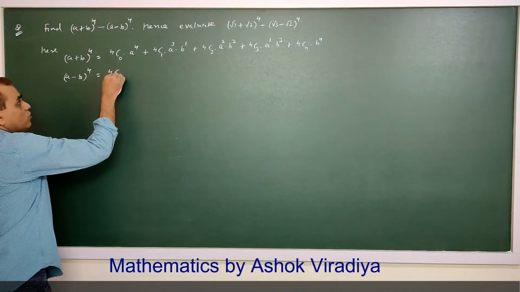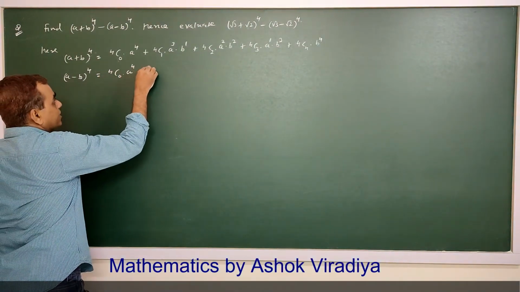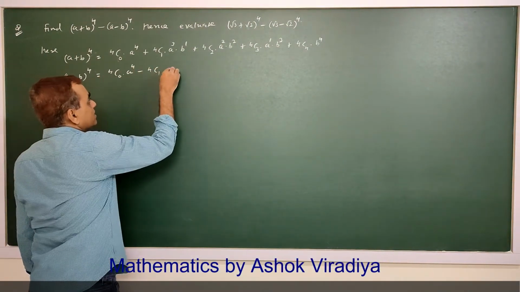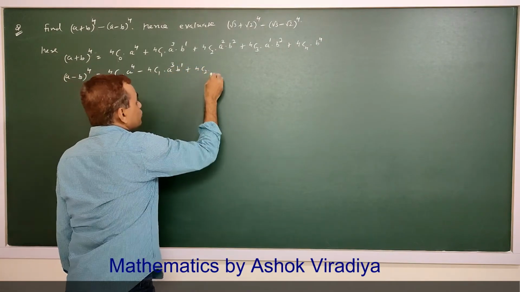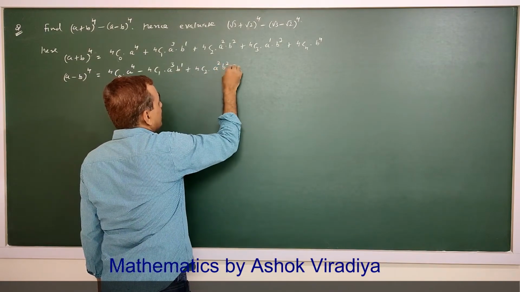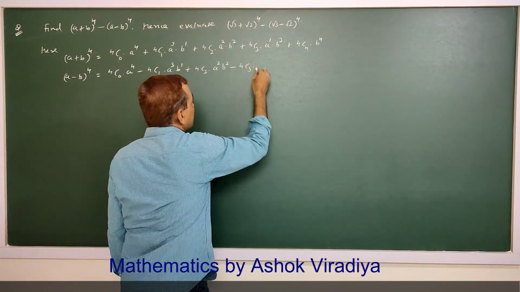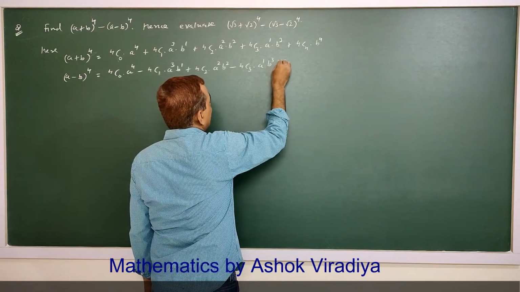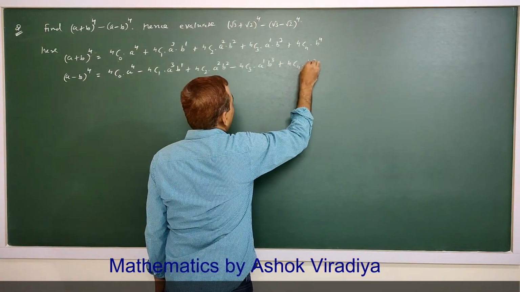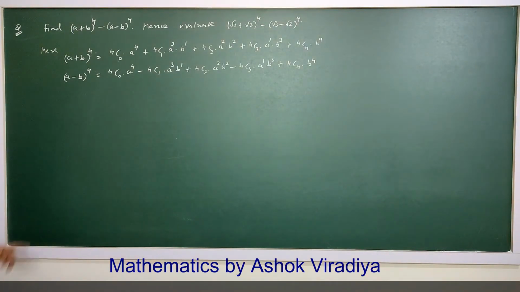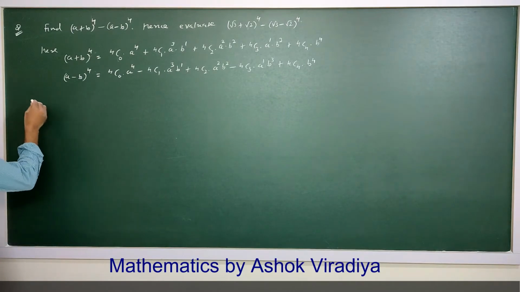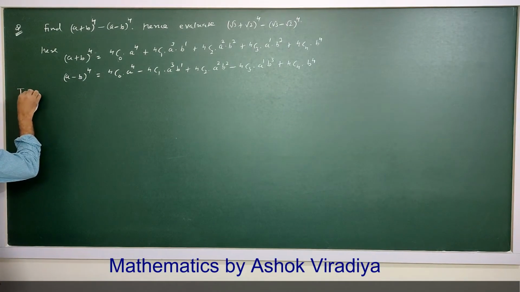So 4c0 a raised to 4 minus 4c1 a cube into b plus 4c2 a square b square minus 4c3 a raised to 1 b cube plus 4c4 b raised to 4. Alternate sign. Now we want subtraction, so we take the subtraction.